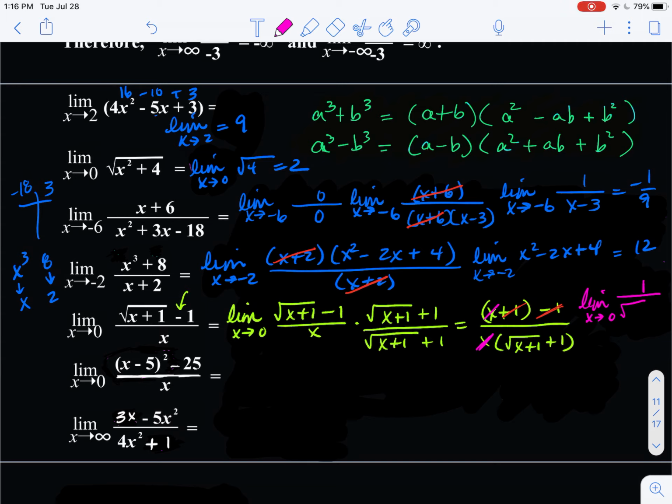And so what I've got now is the limit as x approaches 0 of 1 over the square root of x plus 1 plus 1. Now when I do direct substitution, I end up with, well, the 1 is in the numerator, and if I plug in 0 in the denominator, I have the square root of 1 plus 1, which is 2. And so that limit is equal to 1/2.